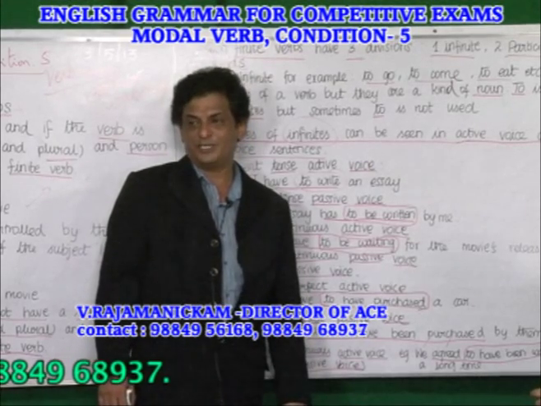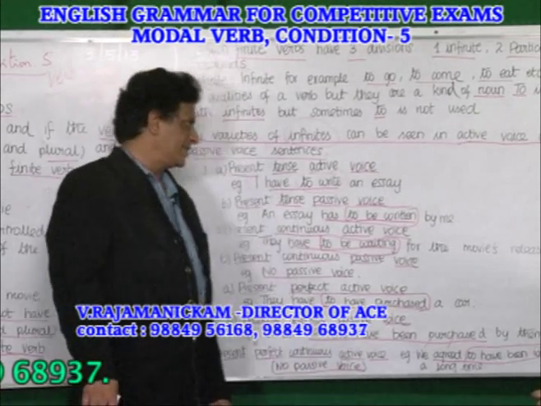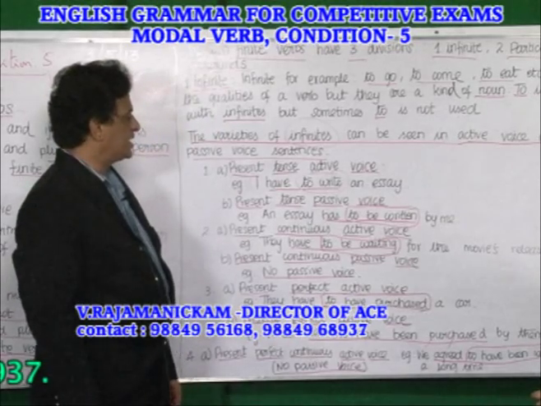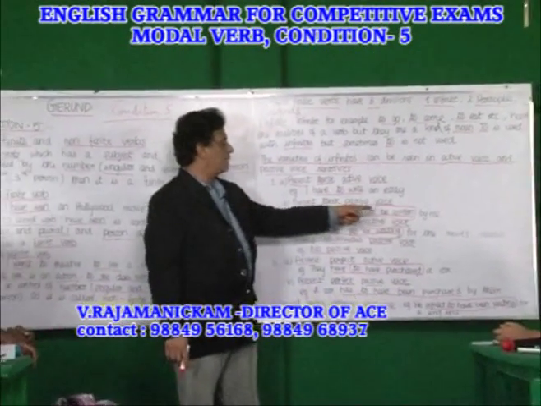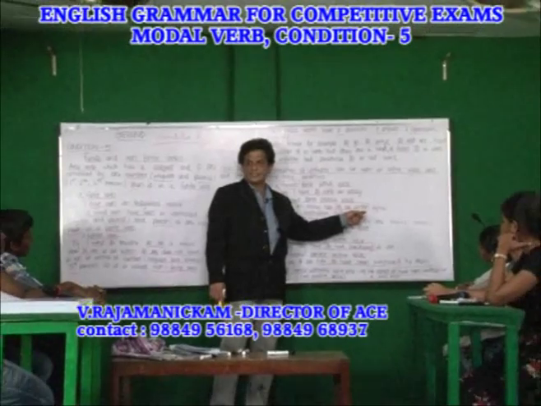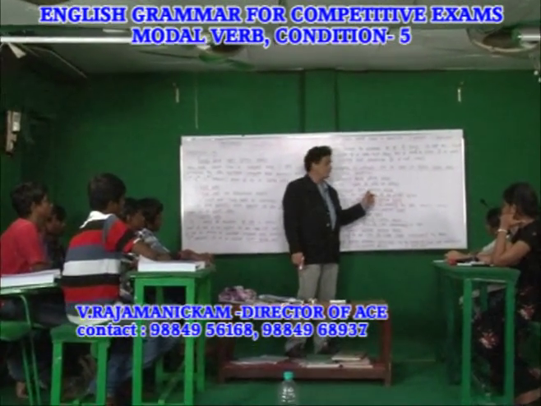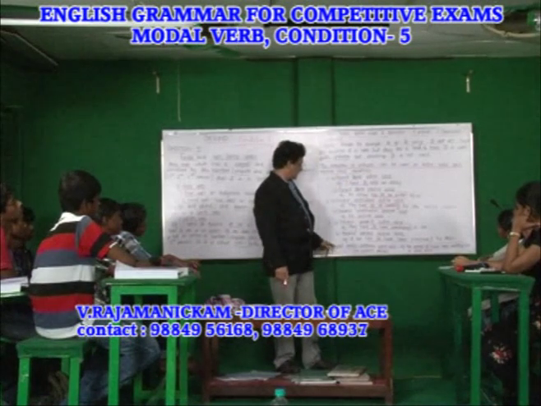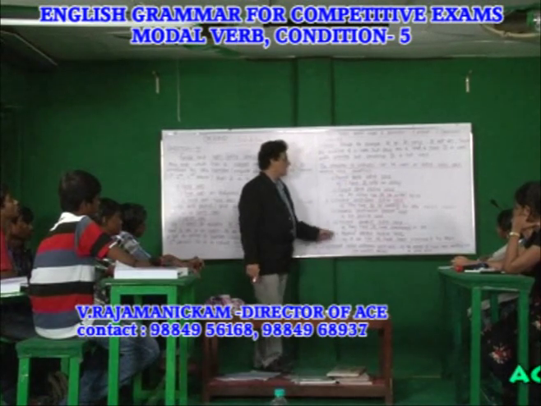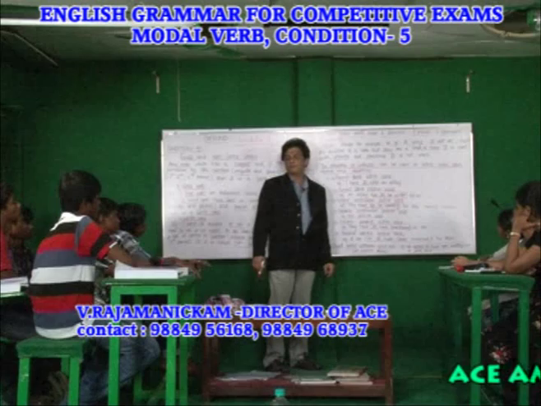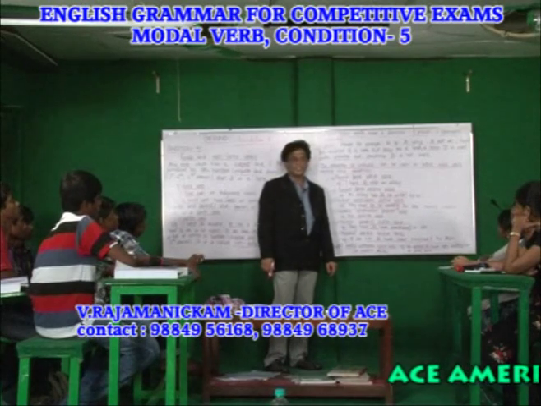Active voice, passive voice, a bit complicated, isn't it? Yes, that you have to understand. In passive voice, you always have to use the past participle. The subject becomes the object, the object becomes the subject, and there are 4 formats. See, 1, 2, 3, 4. I have to write an essay. Using the infinitive, you are changing into passive.